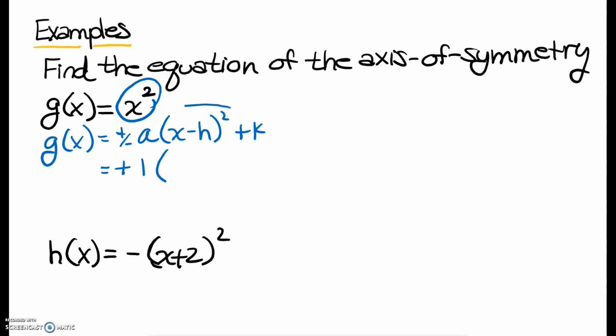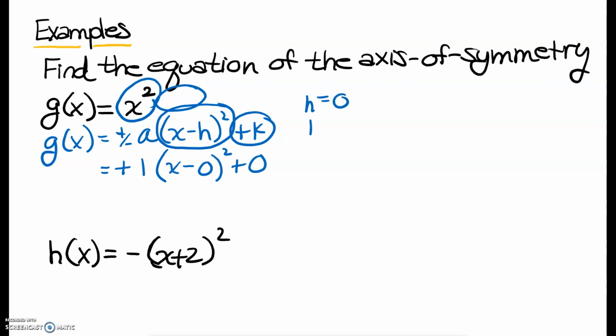Here's my squared value here. So I'm not subtracting anything from the x before I square it, so I'm really subtracting the 0. And I'm not adding anything afterwards, so I'm adding a 0 as well. So h equals 0 and k equals 0. I only have to find my axis of symmetry.